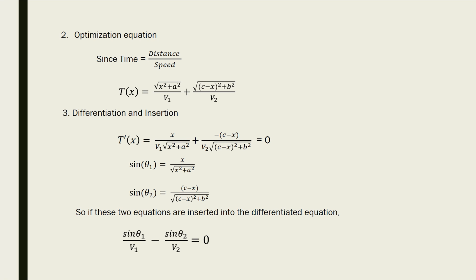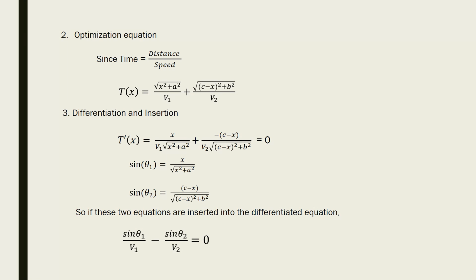So the differentiation of the function T(x) is x over v1 square root of x squared plus a squared, minus (c minus x) over v2 square root of (c minus x) squared plus b squared, and it equals 0 by the optimization rule.